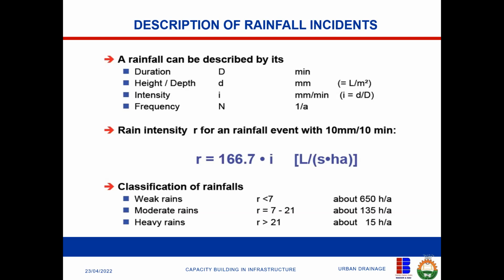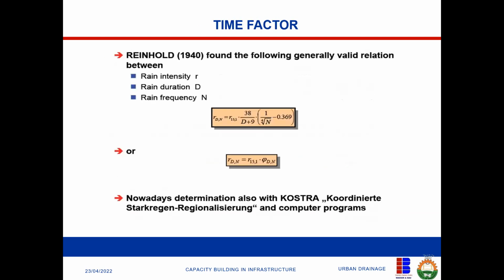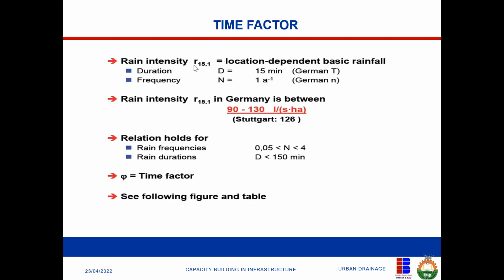The rain intensity formula is an old formula. These days we use tables and charts. That intensity is a function of the rain intensity, the rain duration, and the frequency. But as I said, these days we've moved over to tables.